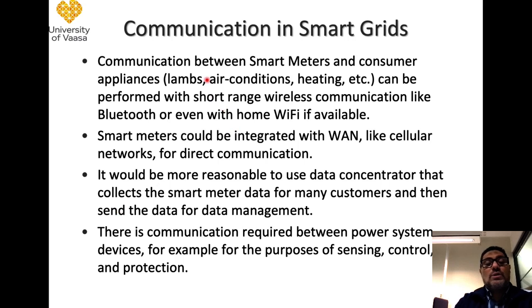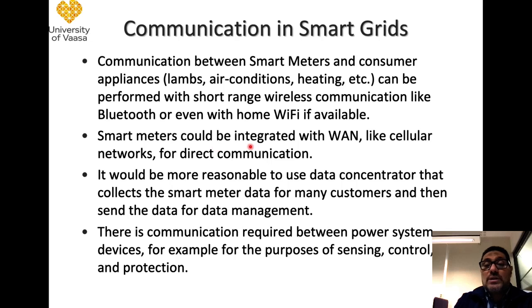So you can see here, for example, communication between smart meters and consumer appliances, like lamps, air conditioners, and heating systems, can be performed with short-range wireless communication like Bluetooth, or even with home Wi-Fi if available.